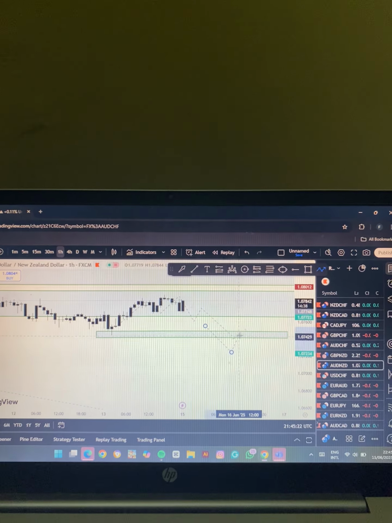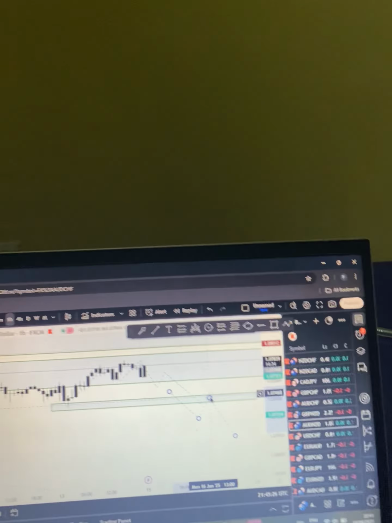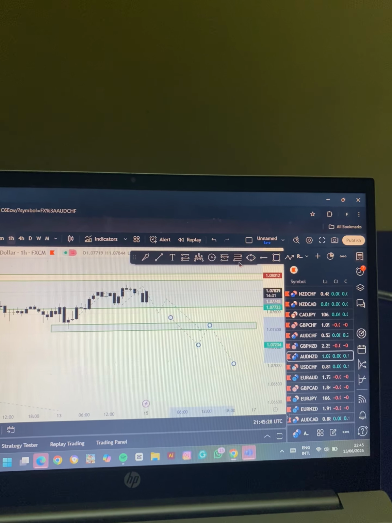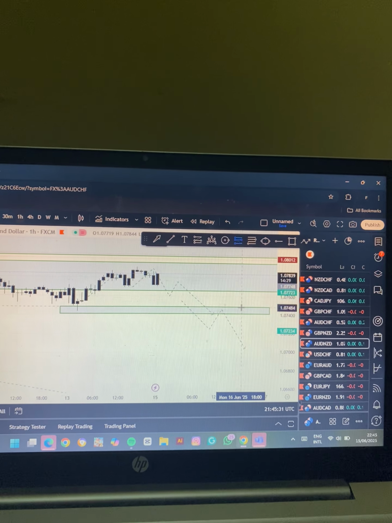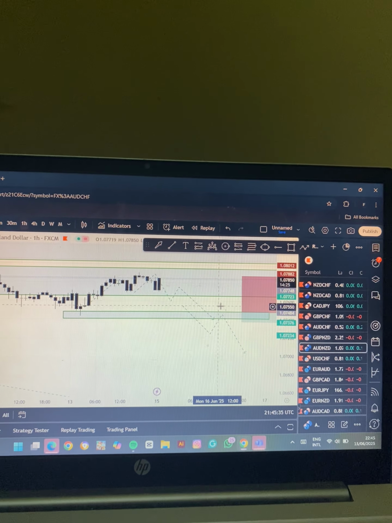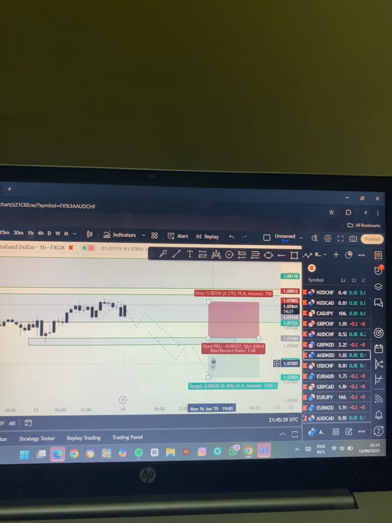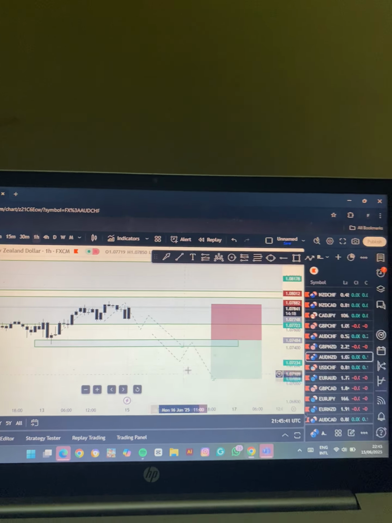Then an entry around this area, then maybe the stop loss will be this, or it depends on how it's set up.